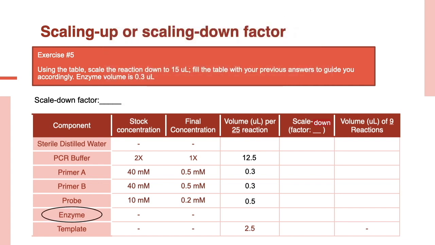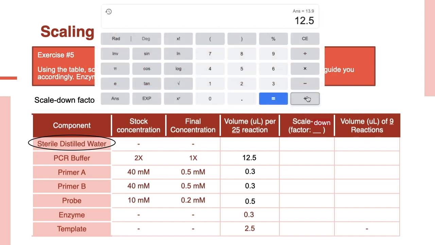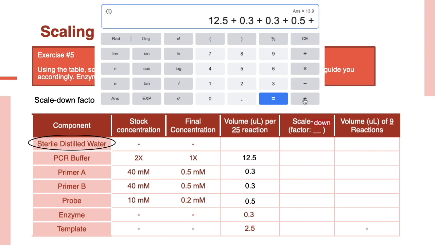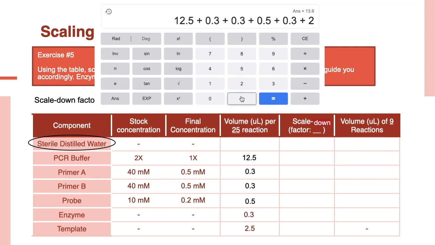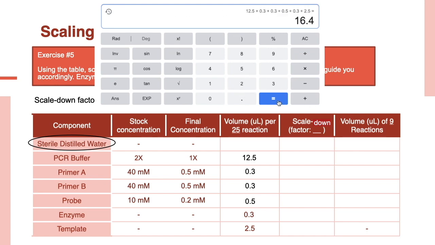The enzyme is already given, which is 0.3. To get the sterile distilled water, you have to add all the components, and then the answer will be subtracted from the 25. The answer is 8.6.